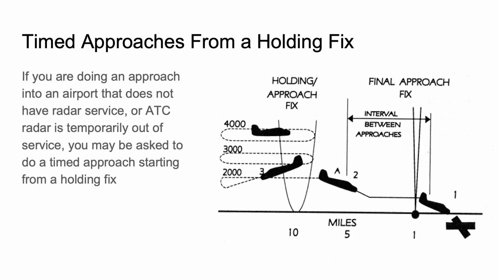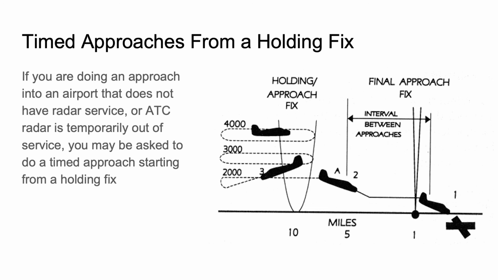Timed approaches from a holding fix are used when radar services are not available for some reason. Either you don't have coverage in your area or there's been an outage. What they can do is stack airplanes up at some approach holding fix outside of the final approach fix every 1,000 feet or so.